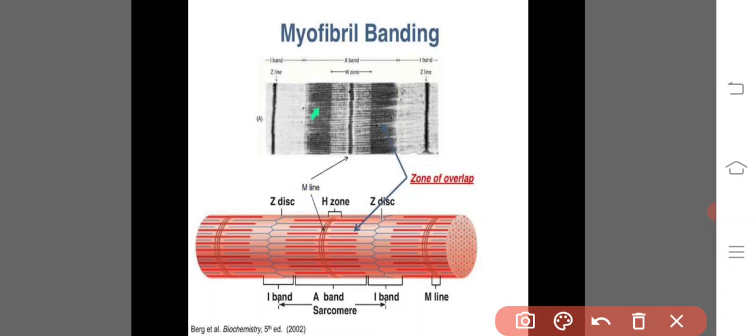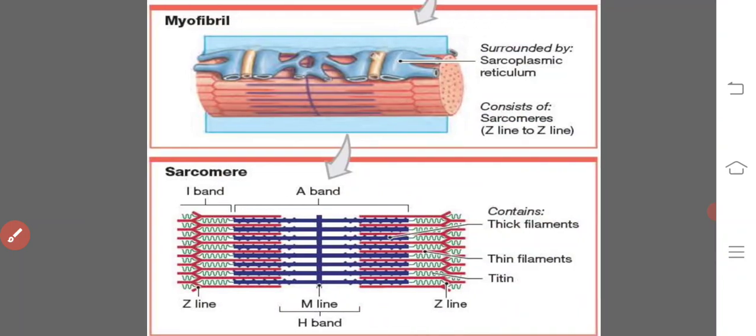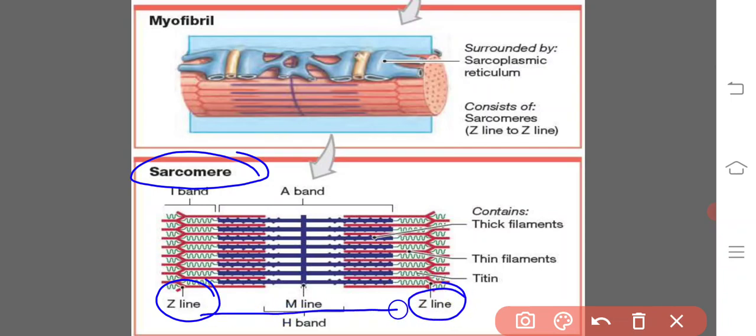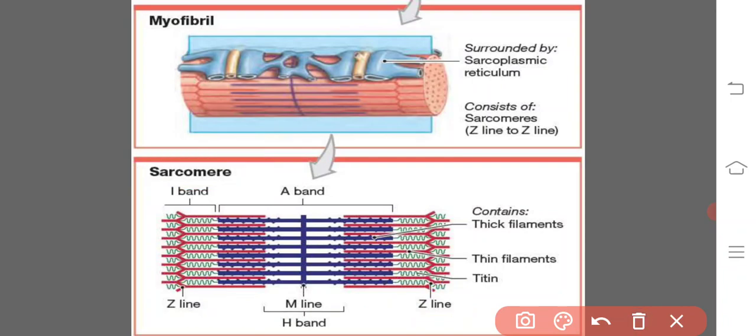Now, the sarcomere is defined as the segment between two adjacent Z lines within a myofibril. Here there is a Z line and here there is a Z line, so the region between these two adjacent Z lines is considered the sarcomere.